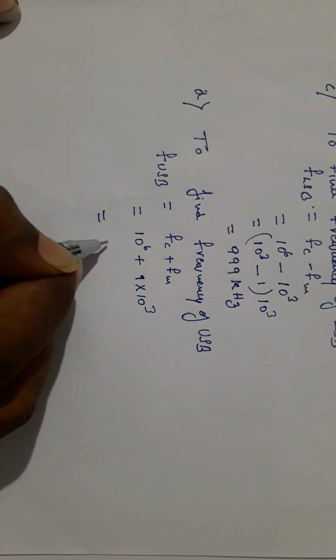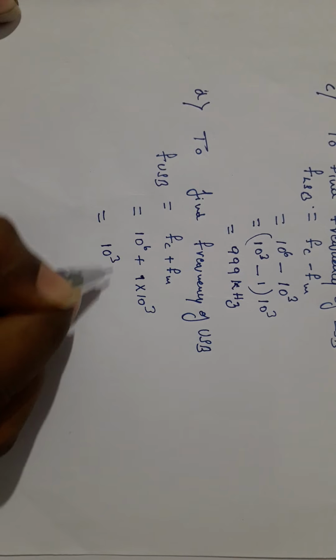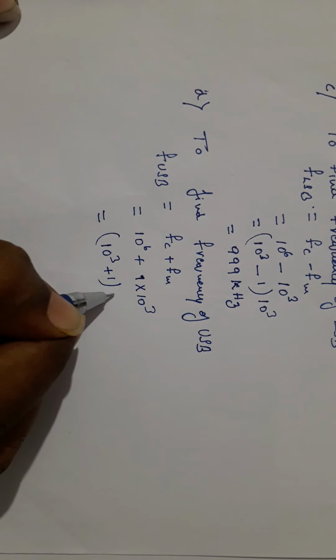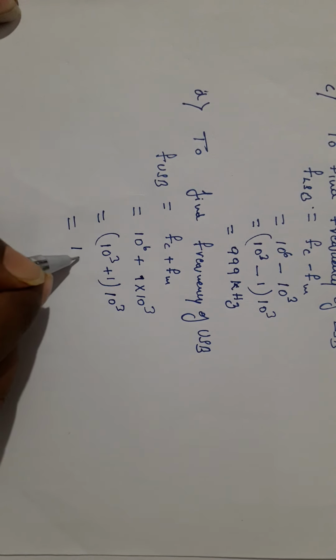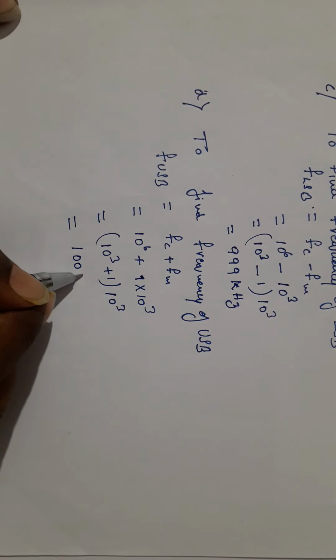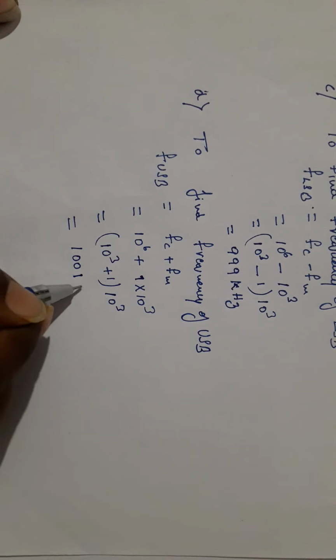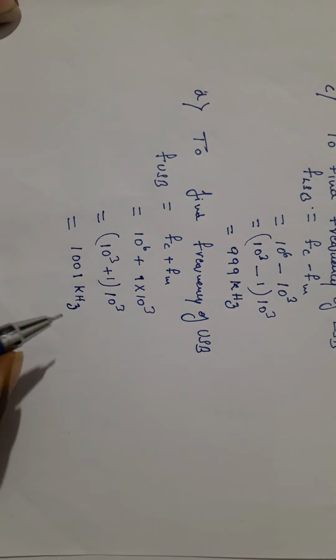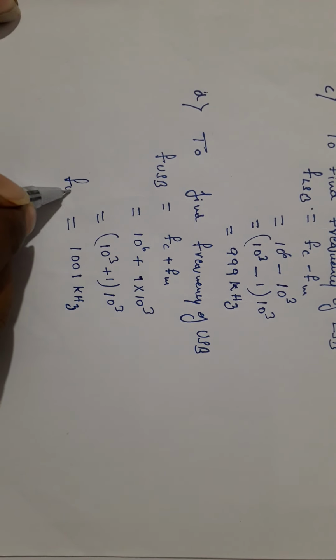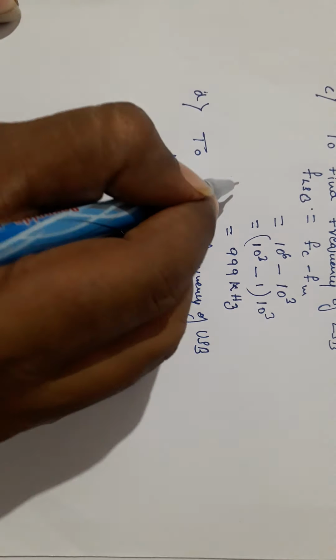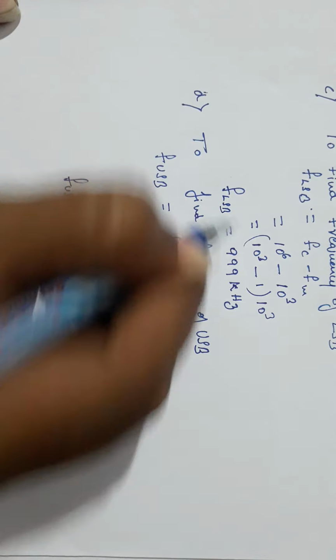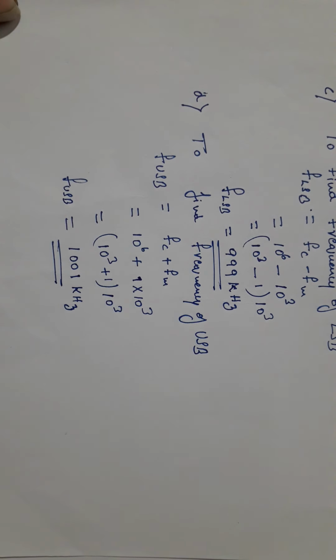That equals 1001 kilohertz. Therefore, FUSB equals 1001 kilohertz, FLSB equals 999 kilohertz.